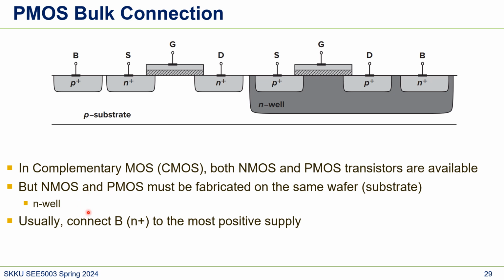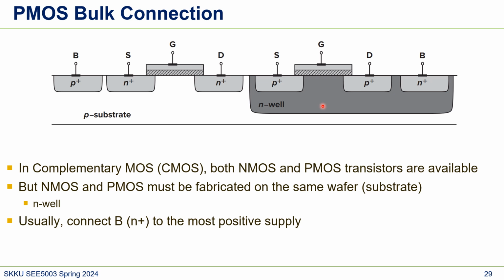But NMOS and PMOS have different substrates, yet they have to be fabricated on the same wafer. Same wafer means same substrate. So the wafer substrate is P substrate. So again, NMOS has P substrate. That's good. But PMOS needs N substrate.